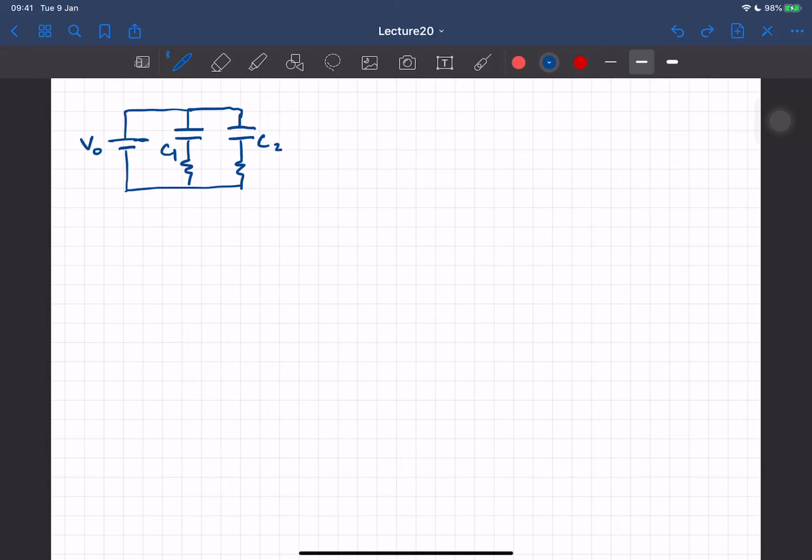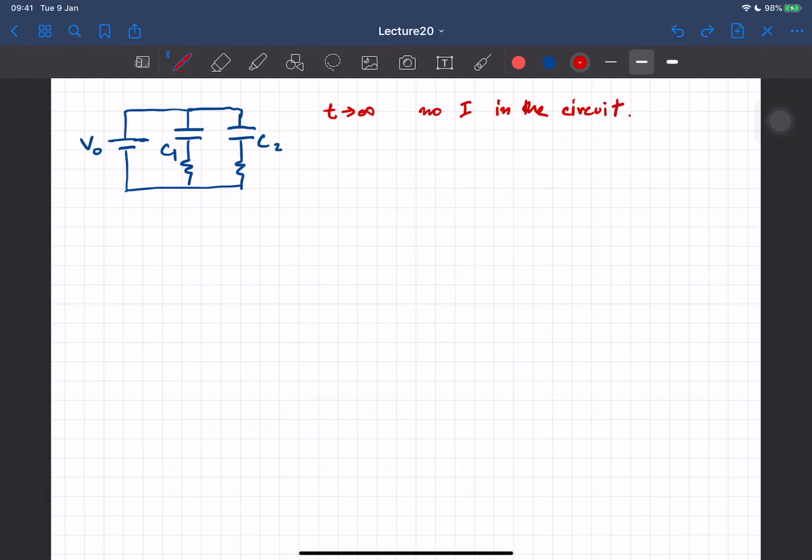So at time equal to infinity, no current in the circuit. Okay, because there's no movement of the charge. So when there's no current in the circuit, the voltage V0 here is the same voltage across C1 and C2.